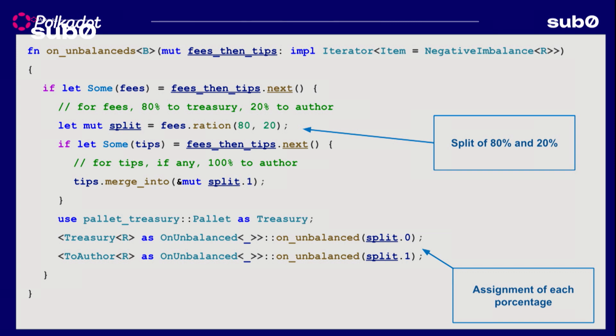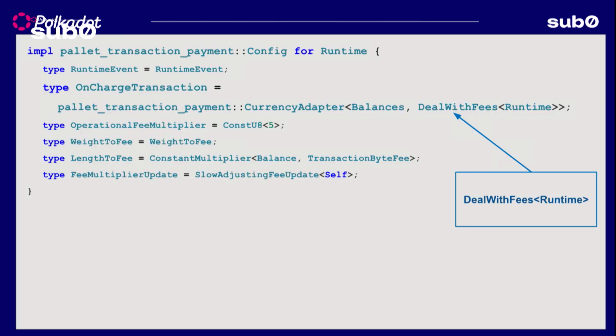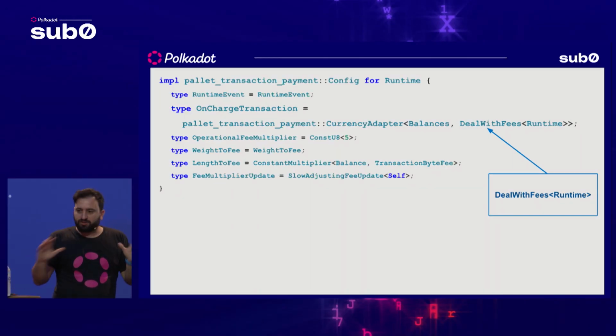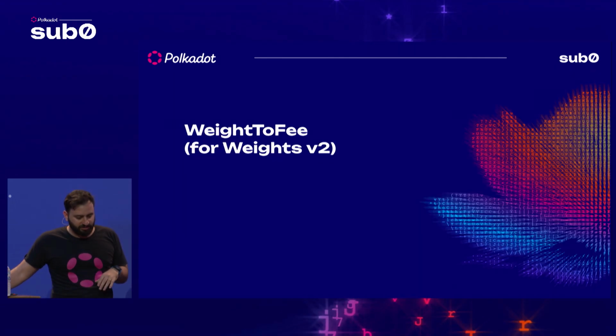So if you need to make a fancy rule for playing with your fees, yeah, this is the way. Also in the pallet transaction payment, there is as well the DealWithFees. You provide your implementation there. So thanks to this combination of types and the pallet transaction payment, you accomplish this, right?